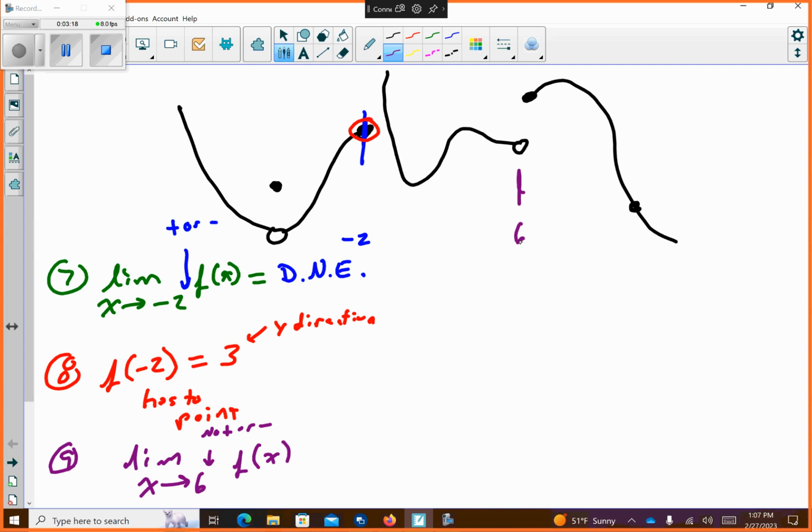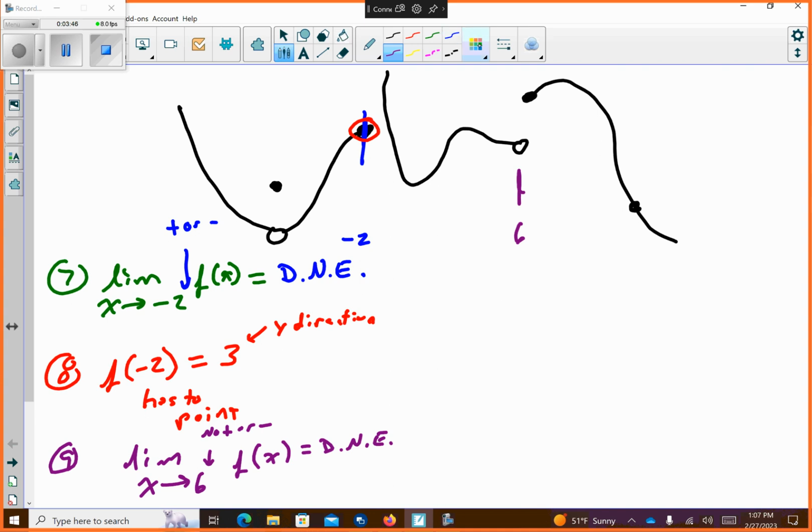As I come from the left, I'm on this one. As I come from the right, I'm on this one. Do my 2 fingers wind up in the same spot? No. That one does not exist either. Does that make sense how I'm saying that? Mm-hmm. So DNE again. And so would you only write DNE or would you write the point that doesn't exist? Nope, I just said it was DNE because it was a limit.